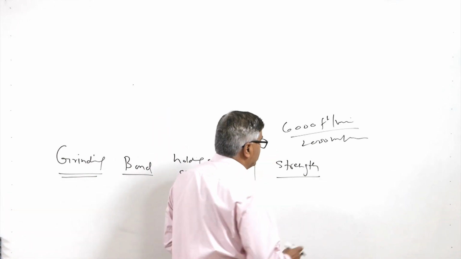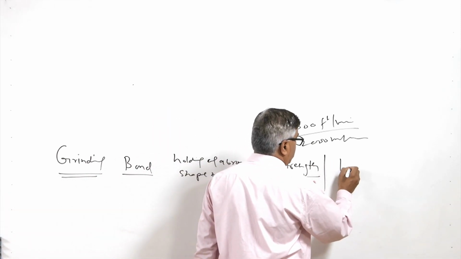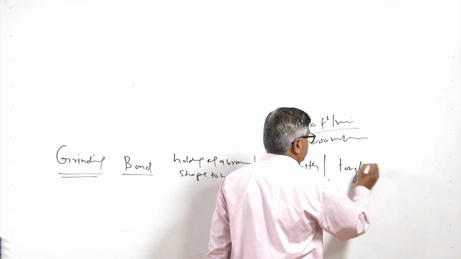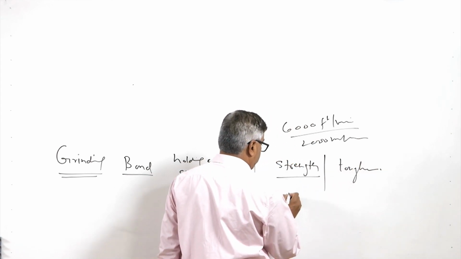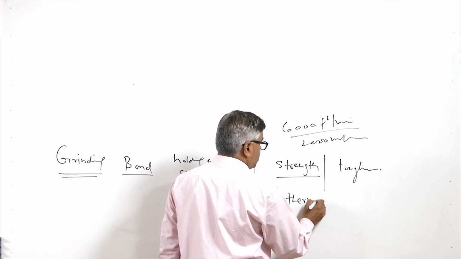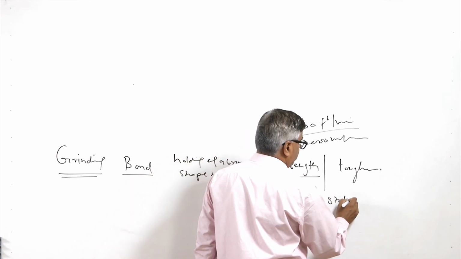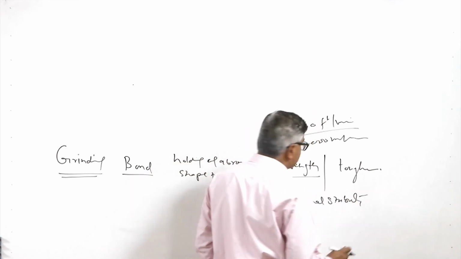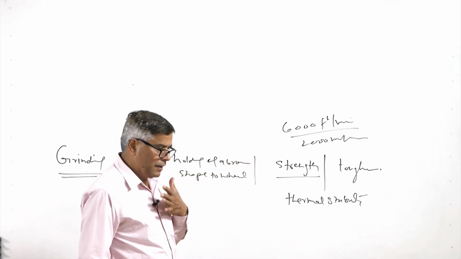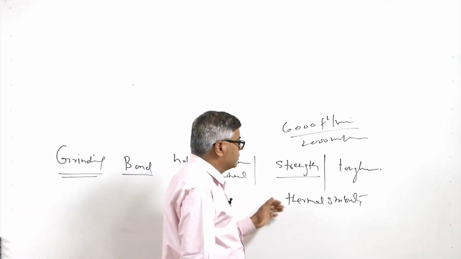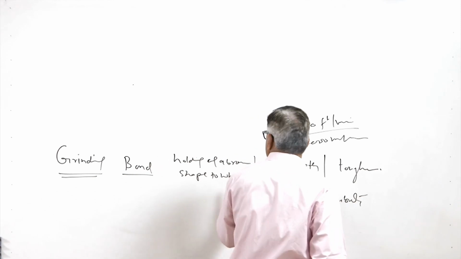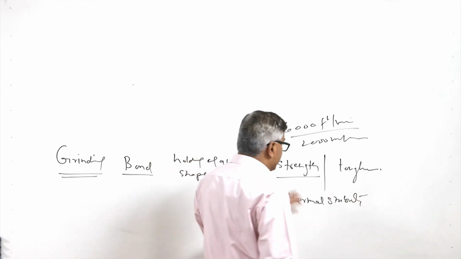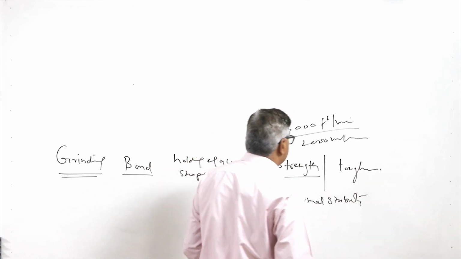So, it is important that the strength is good. Toughness is another important requirement. Then thermal stability of the wheel, which means high temperature resistance, because a lot of heat is generated during grinding, so there is a rise in temperature. The wheel should not get destabilized due to the rise in temperature.